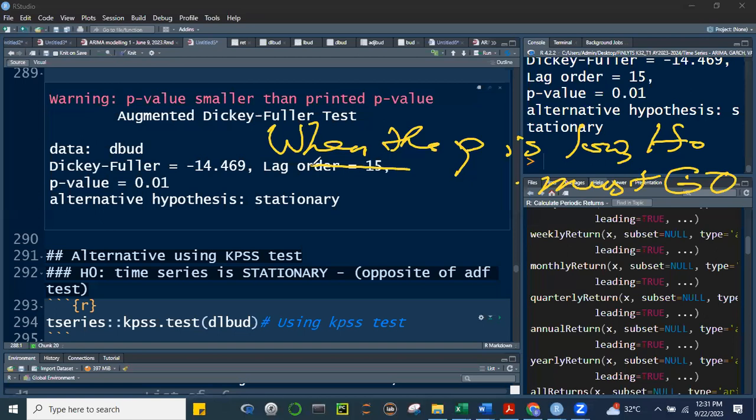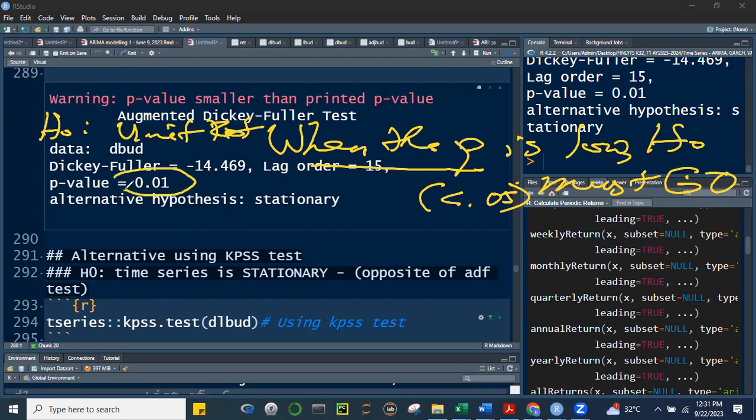Let me repeat: when the p is low, meaning less than 0.05, the null must go. That means we will reject the null hypothesis. What is our null hypothesis here? There is a unit root. Meaning, there is a unit root, it is not stationary. Since the p-value is 0.01, we reject this null hypothesis.